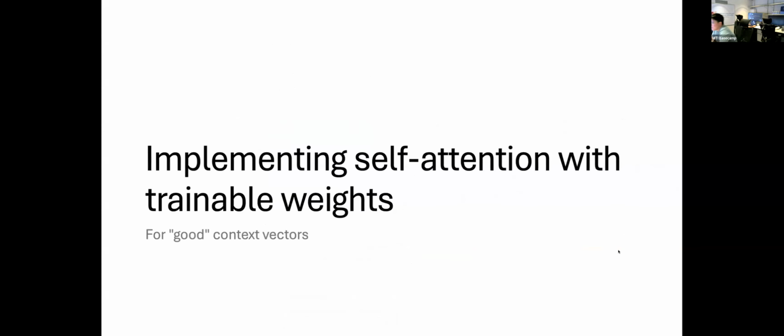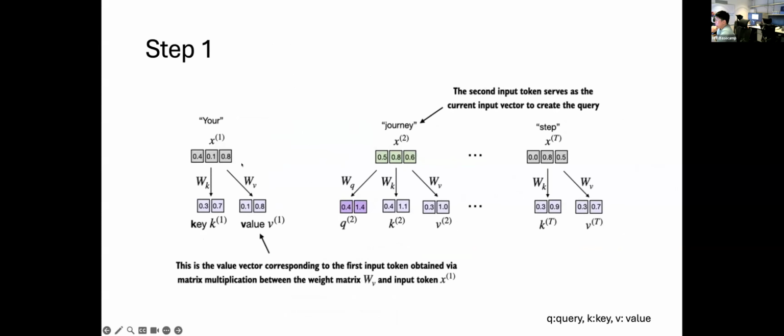So now we will add the trainable weights into our picture. They say that adding the trainable weights can create good context vectors. So the concept is very similar, but the difference is that we first transform our input vectors into 3 new vectors, which are query, key, and values.